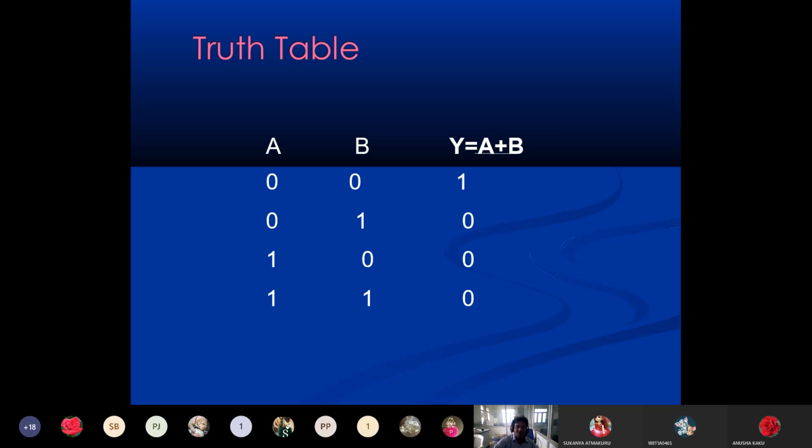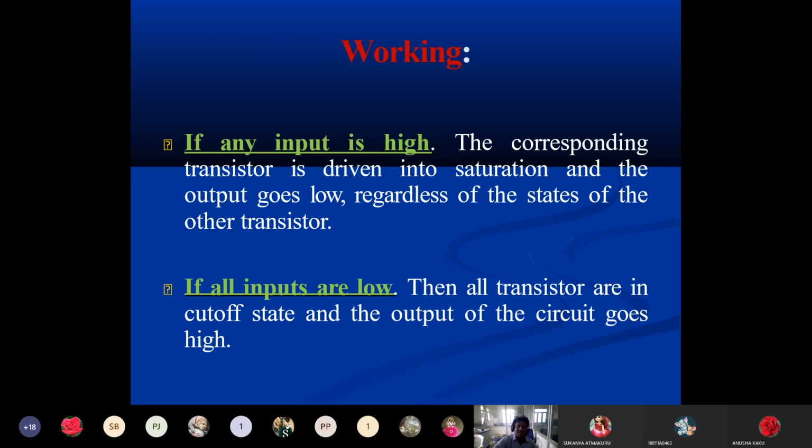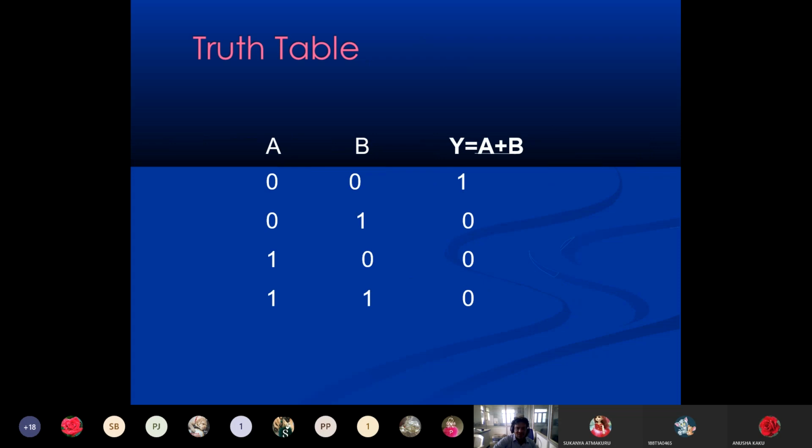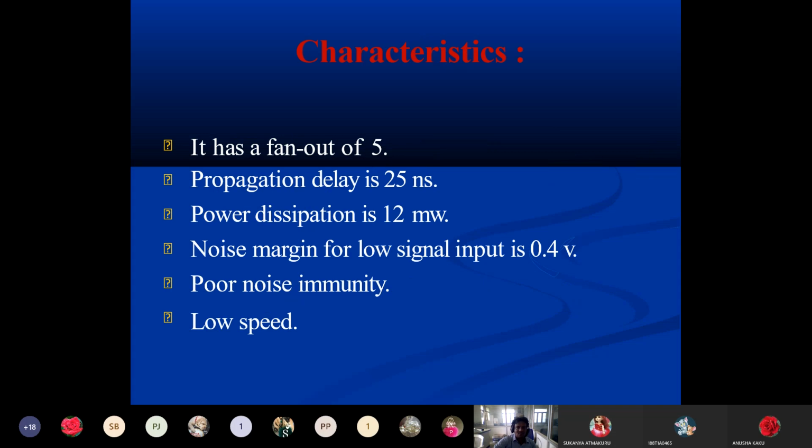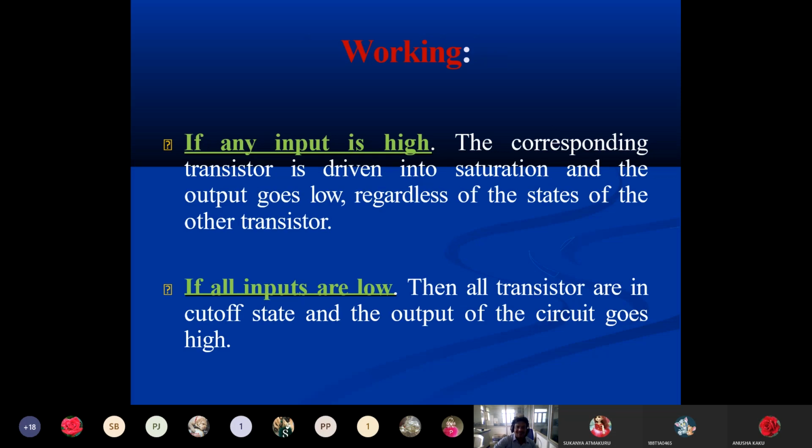How do we get this truth table? We will see the working. The operation has two cases. By observing the truth table, if any one of the inputs is high, then the corresponding transistor is driven into saturation.